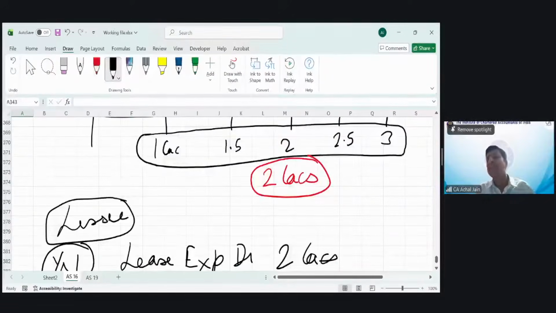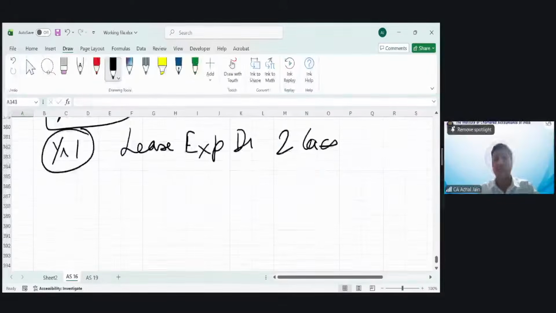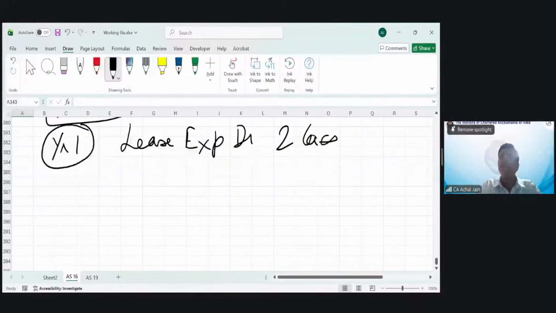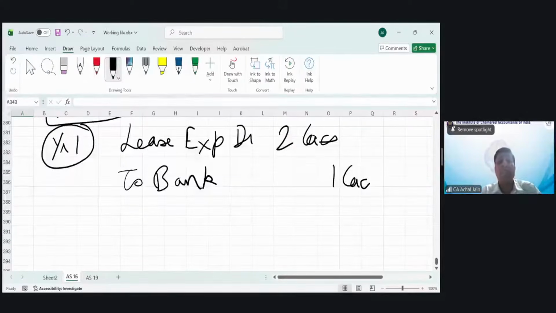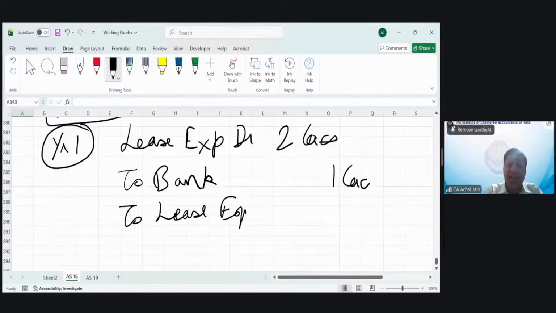He is equalizing this amount over a period of 5 years, and this equalized amount will be recorded each year. So he will debit expense by 2 lakhs. But what is the amount of payment he will make? 1 lakh, because at the end of the first year he is paying only 1 lakh. So where will the differential go? That will go to an account called lease equalization reserve, 1 lakh.